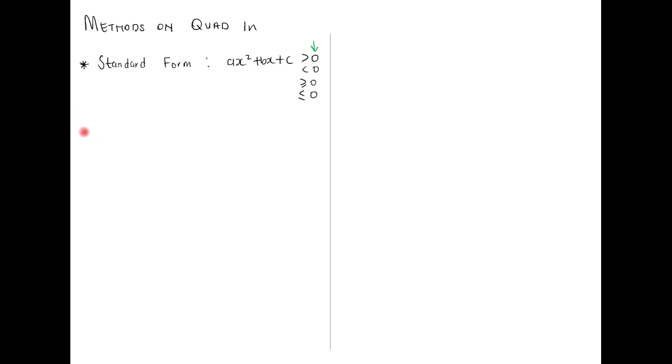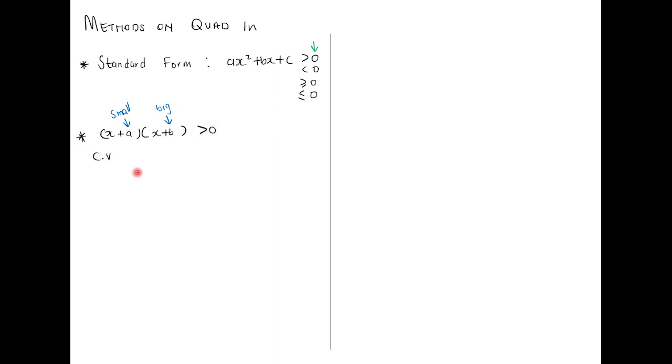Now if you have your factors, let's say x plus a and x plus b, where a is small and b is big, and this is greater than 0, here we have what we call critical values.